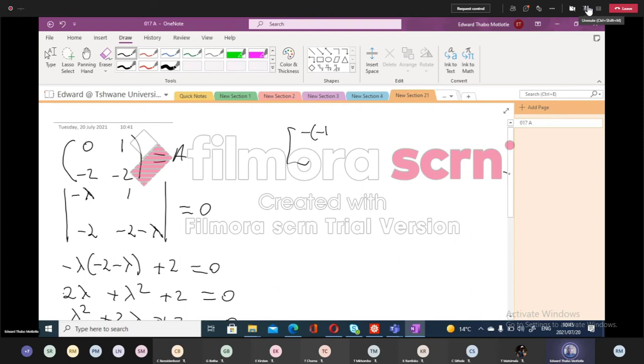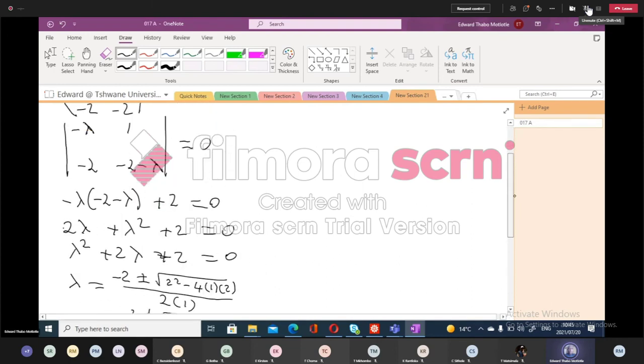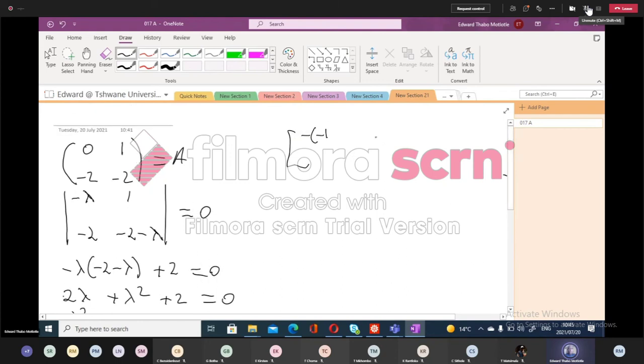Is it minus 1 there? Just to confirm, minus 1 plus or minus i. We can take any one. 1 minus 2 minus 2 minus 1 minus lambda. And we are looking for K1, K2 equals to 0.